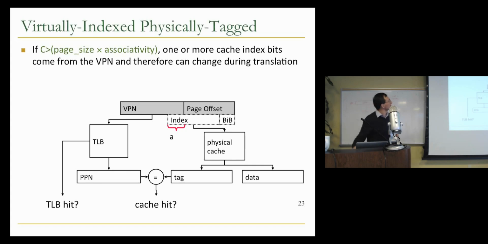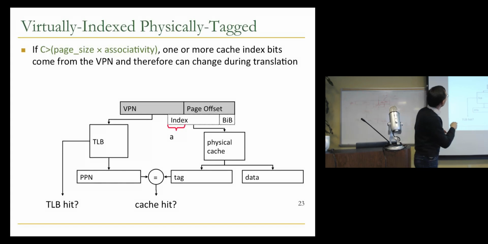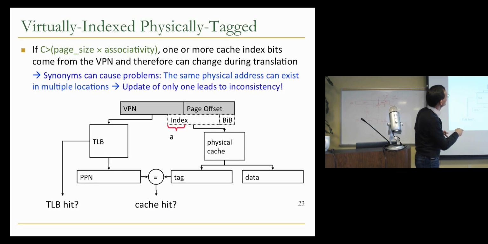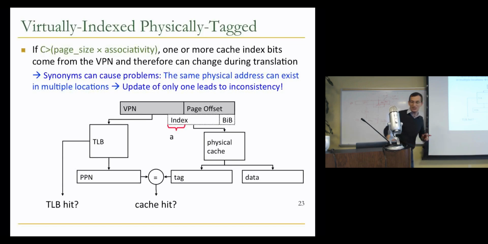Now the problem is this. One or more cache index bits come from the virtual page number, and therefore they can actually change during translation. So synonyms can cause problems, because the same physical address can exist in multiple locations, and the update of only one leads to inconsistency. Well, let's take a look at how this happens.